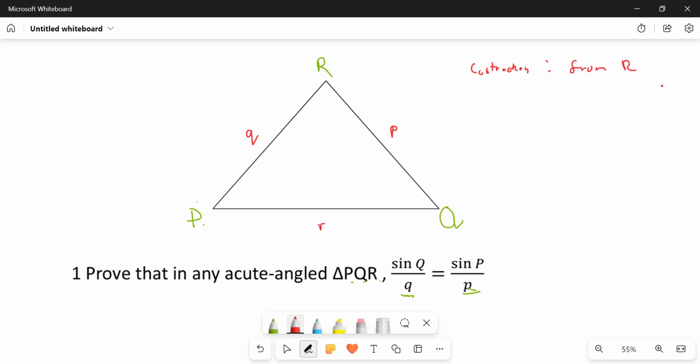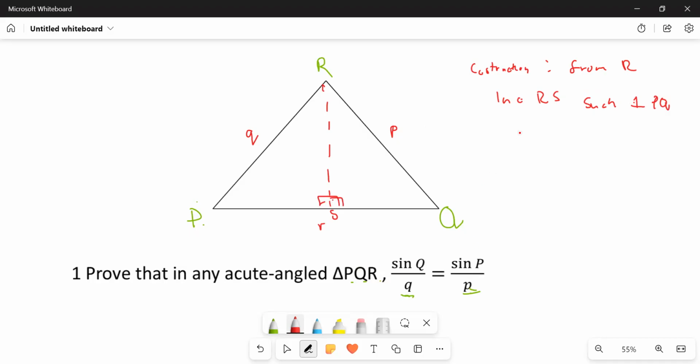From R, we're going to construct line RS, such that it is perpendicular to PQ. So here I'm going to put 90 degrees. I'm not just doing a construction; the construction is such that here I have 90 degrees. If this one is 90, even this one here is also going to be 90.